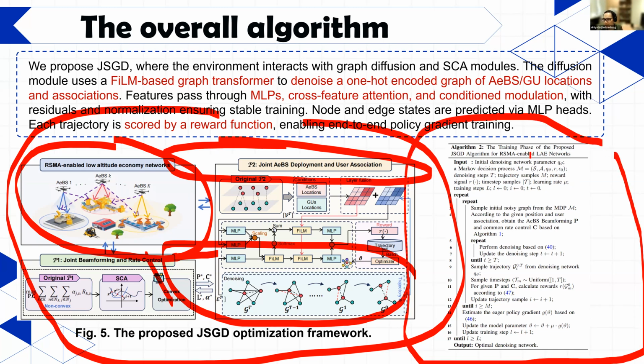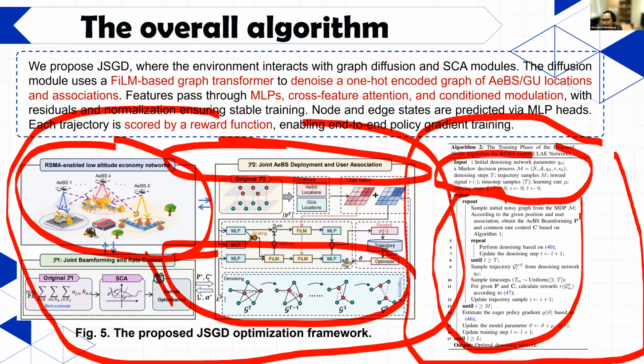The idea here is that we have the initial denoising network parameters, formulation of the Markov decision process, the denoising step, trajectory sample, reward signal, and then we repeat the process iteratively, trying to sample the different noisy graphs from the Markov decision process that we choose to connect the ground user to the aerial base station and also the visible location of the ground user.